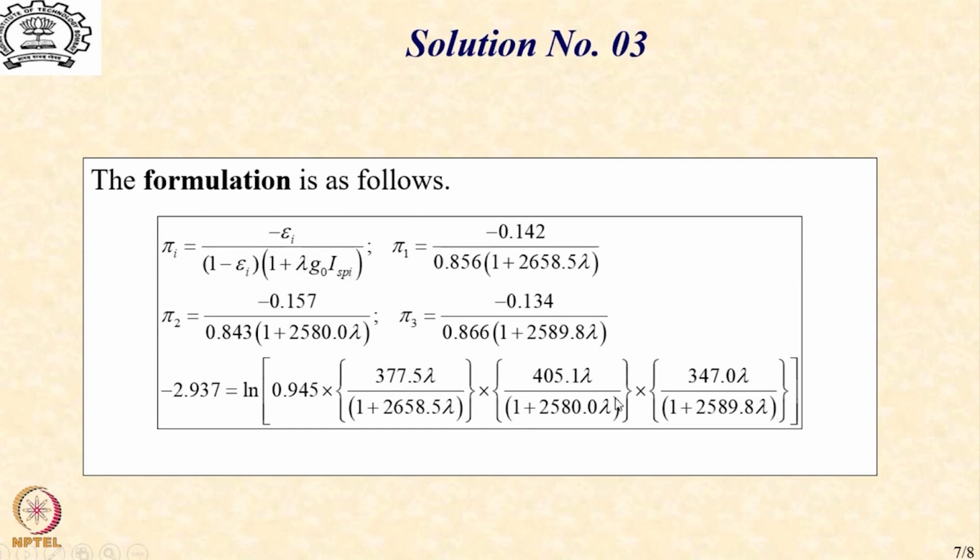So this is now the constraint relation that we must first solve to generate the value of the Lagrange multiplier lambda. Let us now look at how we are going to get this.